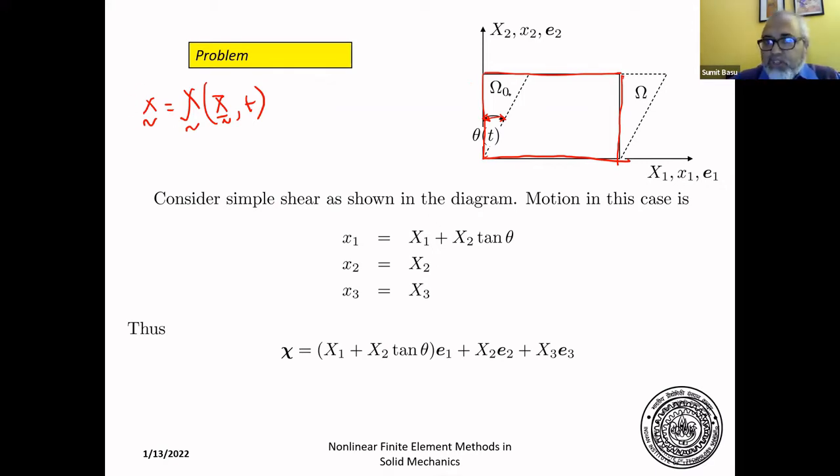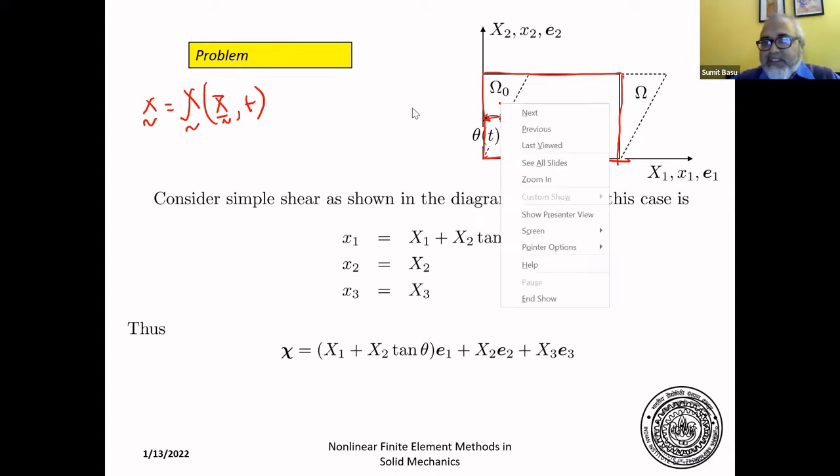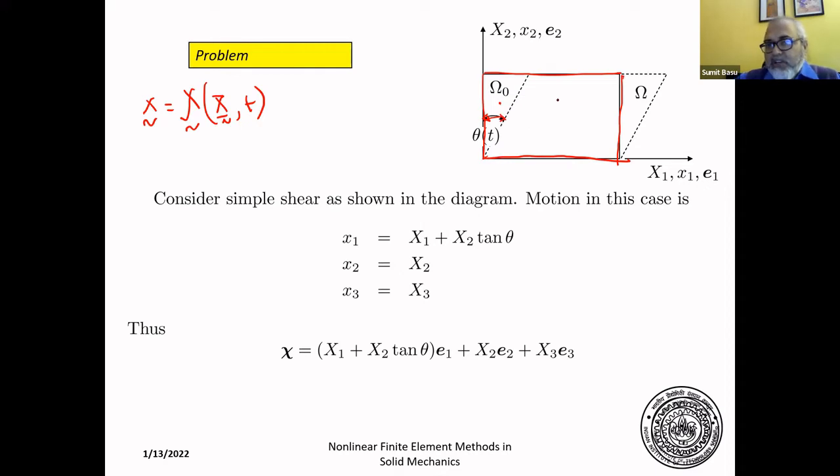If you look at this motion carefully, let's take a point here. Since it's shearing to the right, this point in the deformed configuration would probably end up here, so that its vertical height in the x2 direction remains fixed. Of course, its position in the x3 direction, which is perpendicular to the plane of this figure, also remains fixed.